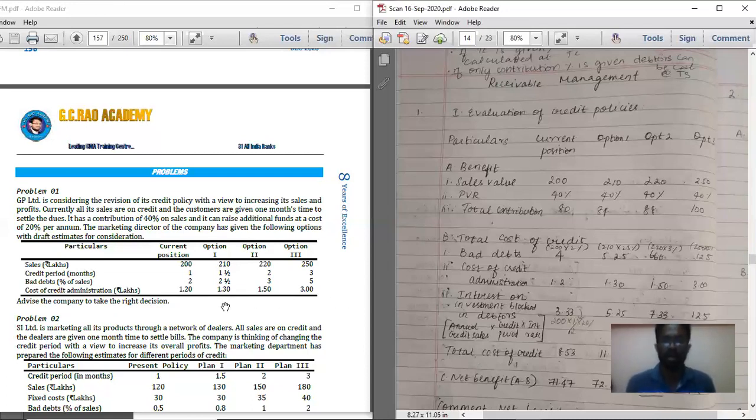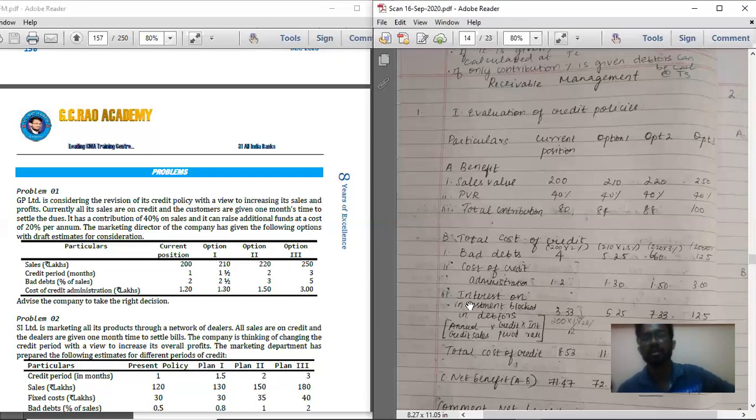For current position, put 1.2. Under option 1, 1.3. Under option 2, 1.5. And under option 3, it is 3 lakhs. So this is cost of credit administration.